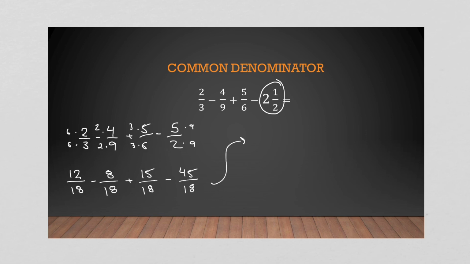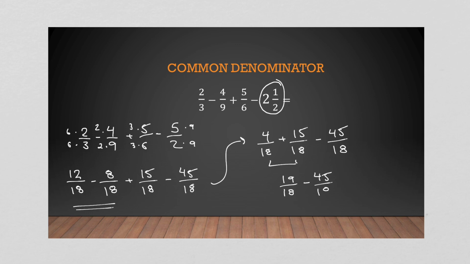And what we'll do here is we'll do it bit by bit. So we'll do this first. 12 minus 8. So now I have 4 over 18 and then plus 15 over 18 and then minus 45 over 18. And now this part, 4 plus 15, so now I have 19 over 18 minus 45 over 18.